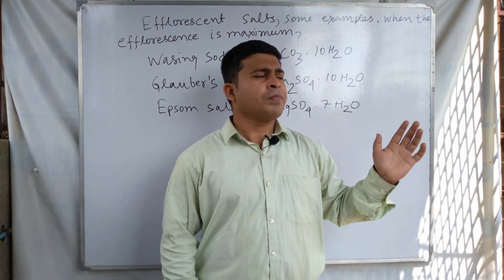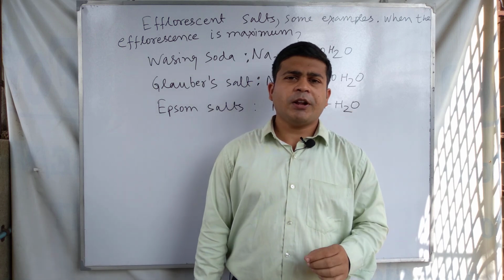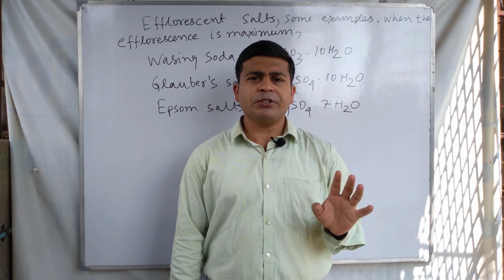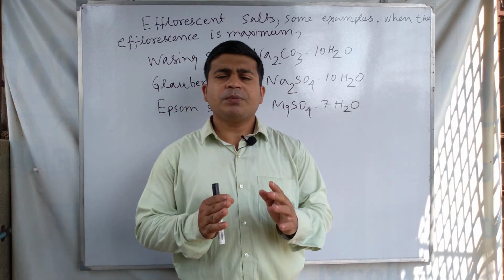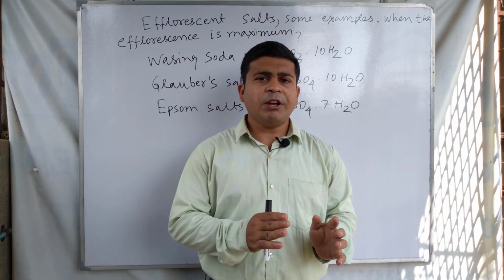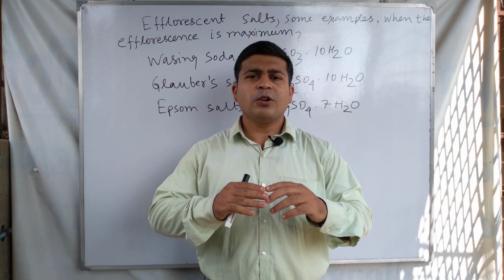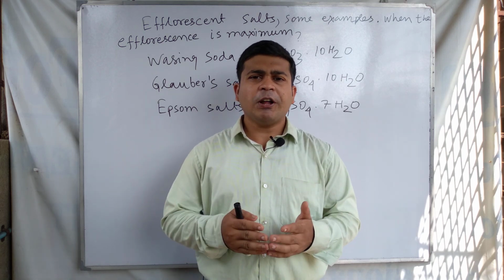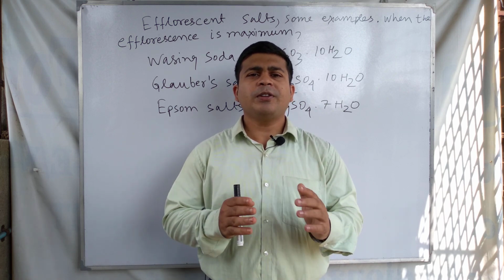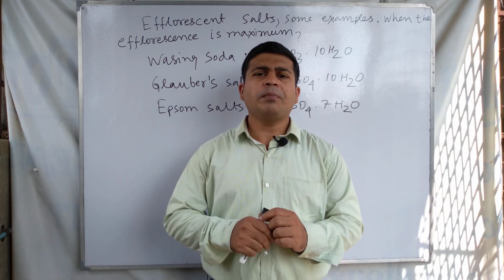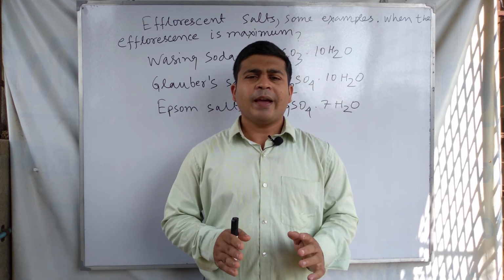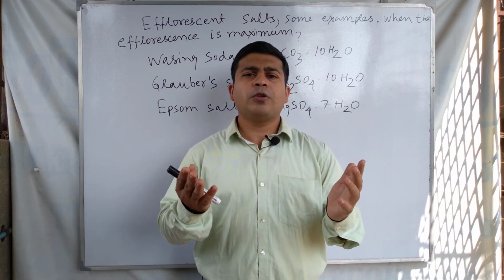Anhydrous substance is formed after losing the water of crystallization of these salts fully or partially at room temperature. So this phenomenon is called efflorescence, and the substance that loses the water of crystallization either fully or partially when it is kept in open air or at room temperature is called an efflorescent substance, or you can say efflorescent salts.